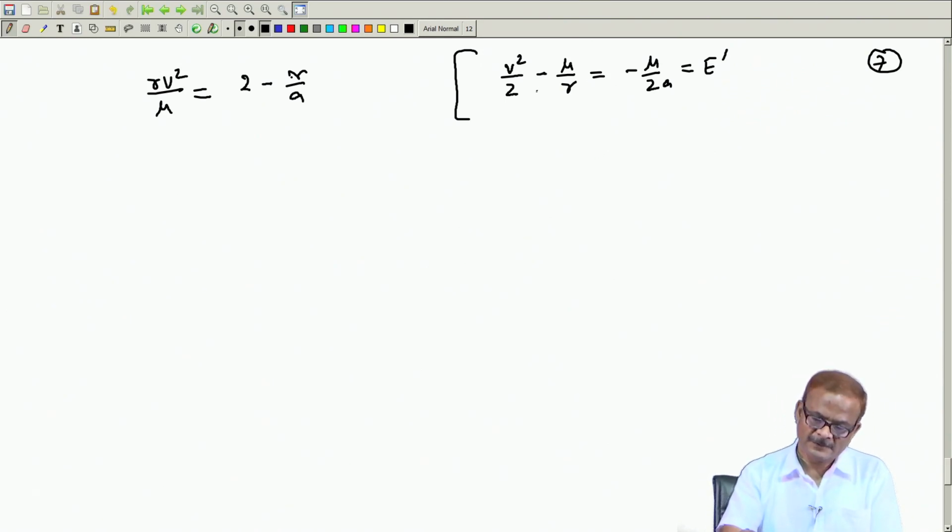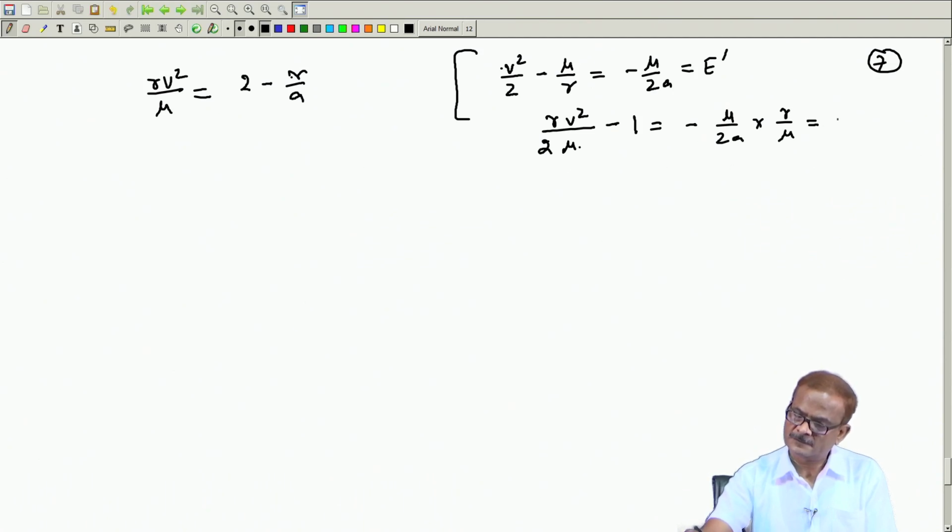So, once we have rearranged it, if we pull r on this side, v square divided by mu, this is 2. So, we are multiplying by r by mu. So, this becomes minus 1, and here on this side minus mu by 2 a, this is r by mu.